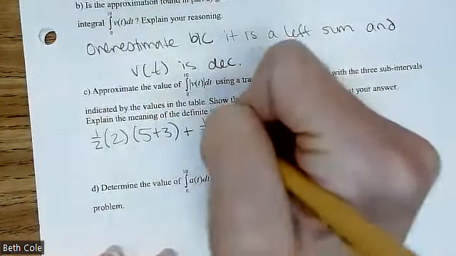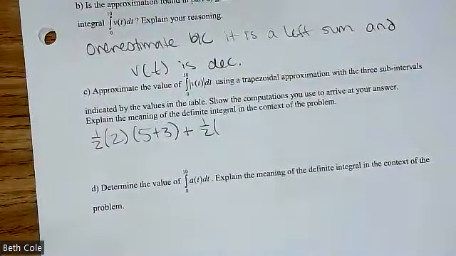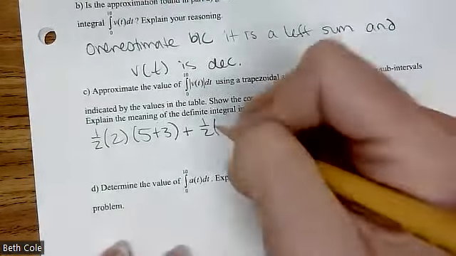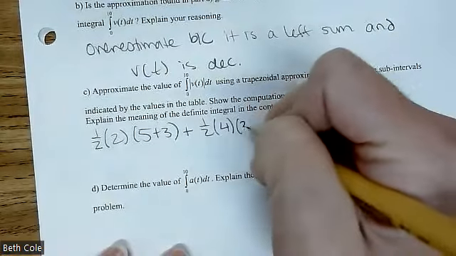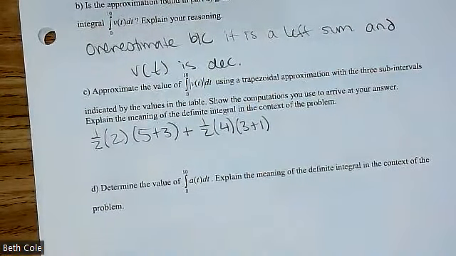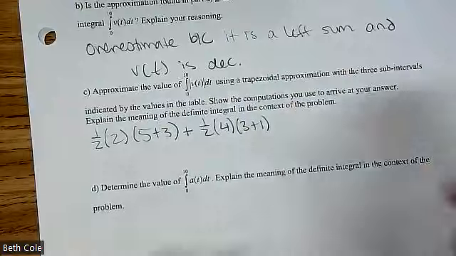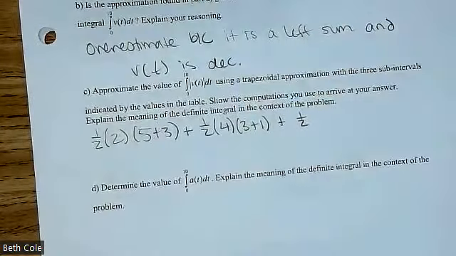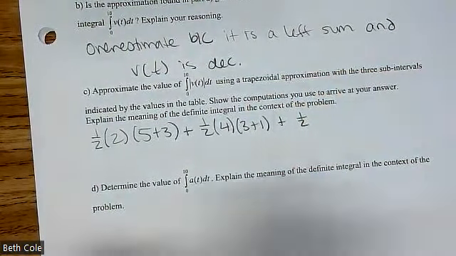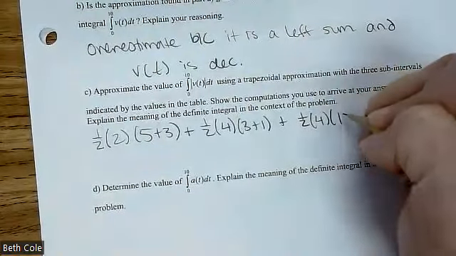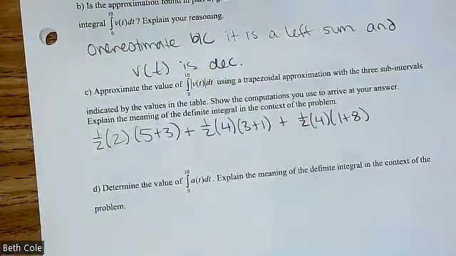But what would the next one be? 1/2 times 4, good. And then plus 1. Perfect. Because we're going to treat it like it's positive. And then the last one, 1/2 times 4, and then 1 plus 8.